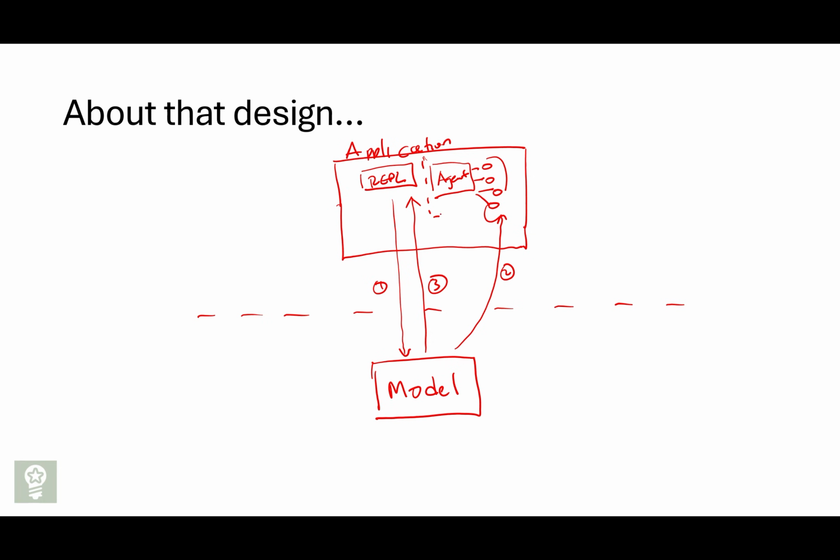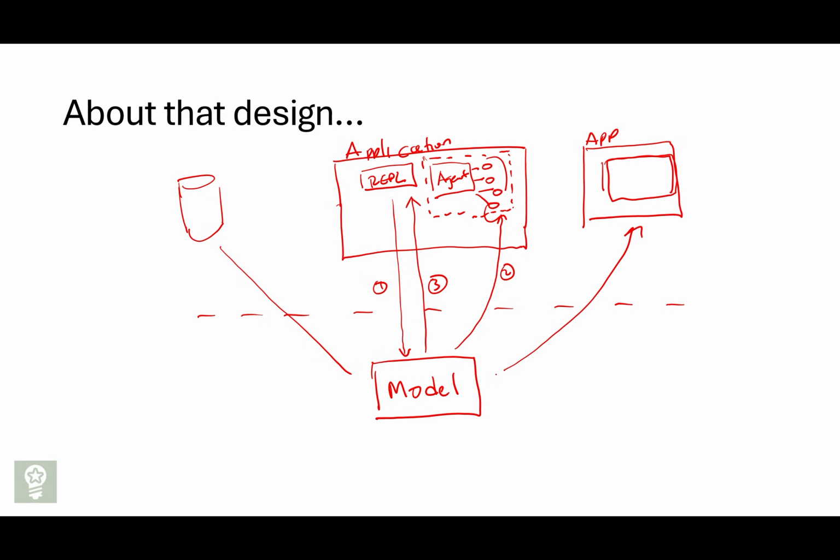Now, the problem with that is when we get into additional applications. Because all of our logic is locked here inside of this application, if I were to create another app, let's say this is actually a mobile application of some kind, and maybe another app, which let's say is some kind of personal assistant device.